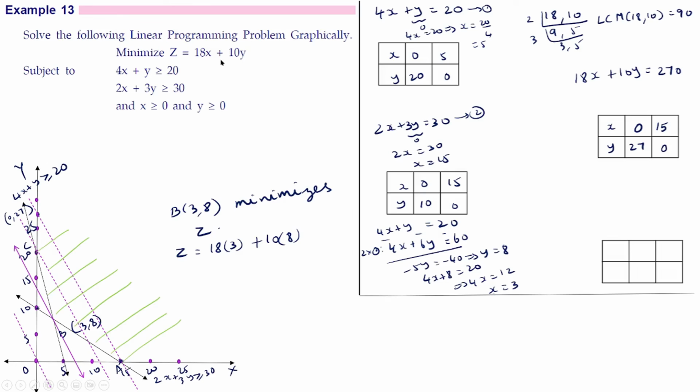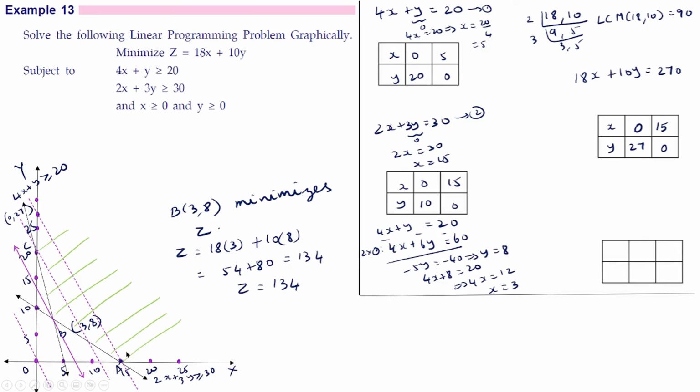So we have z as 18x plus 10y. We get the corner point B minimizes z using this isocost line. So we have to put x as 3 and y as 8 in this equation and we have to find the value of z. So this is 54 plus 80, it is 134. Z is equal to 134.